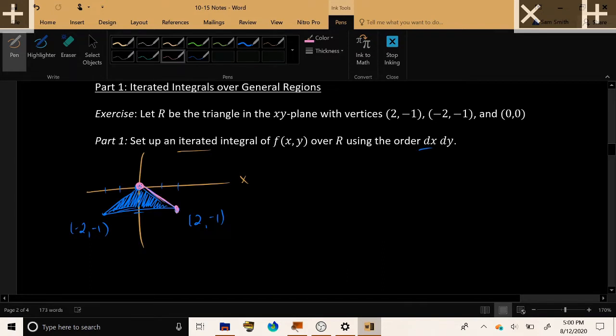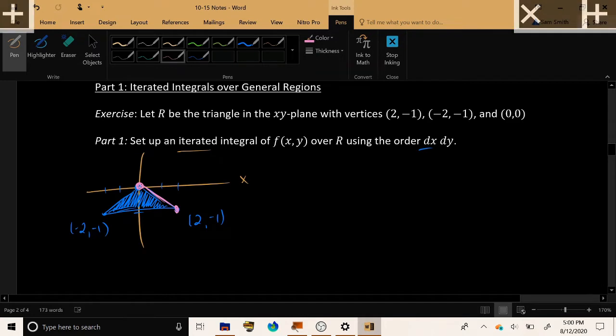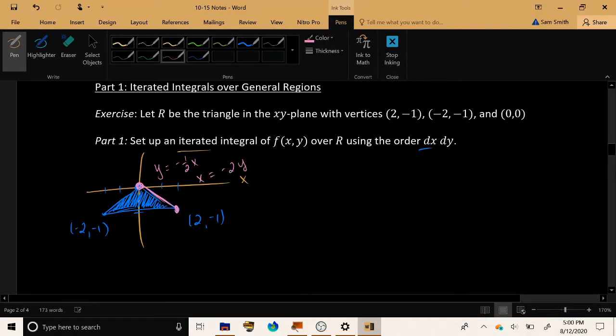Now, my first inclination, anytime I go to find the equation of a line, is to find it with y as a function of x, just because that's how we're taught to interpret the slope of a line. So this function goes over 2, down 1, and this would be y equals -1/2 x. But we need x as a function of y, so I'll think of this as x equals -2y.